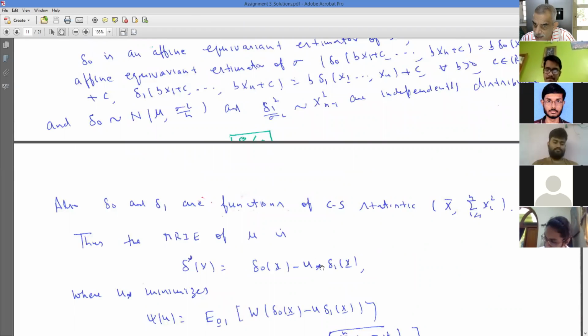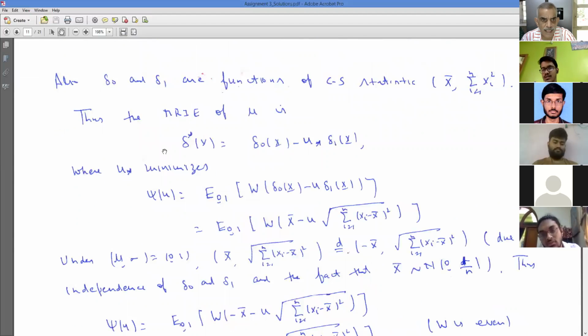U star of W. But because the complete sufficient statistic is there, it will come out. So that means U star minimizes E 0,1 W of delta naught x minus U times delta 1 x, which is the same as this.